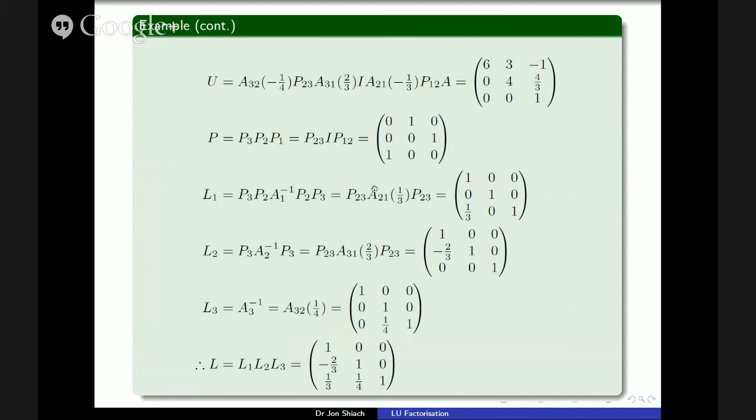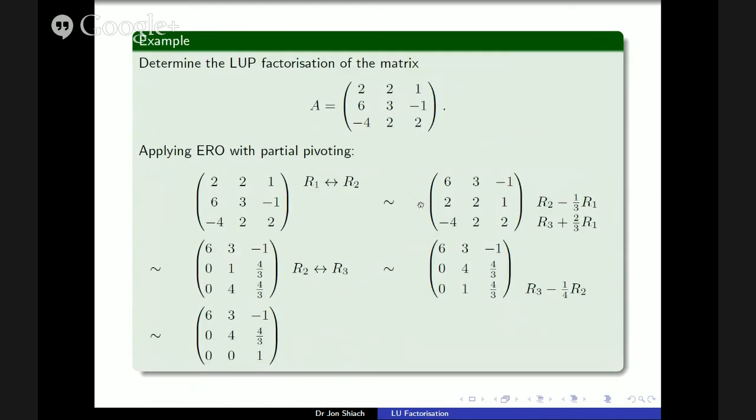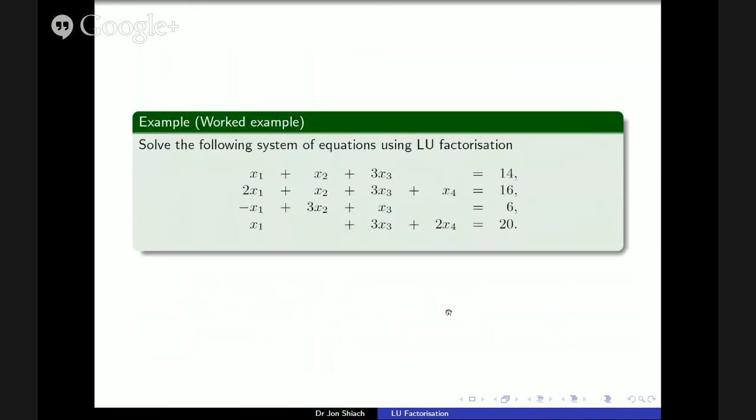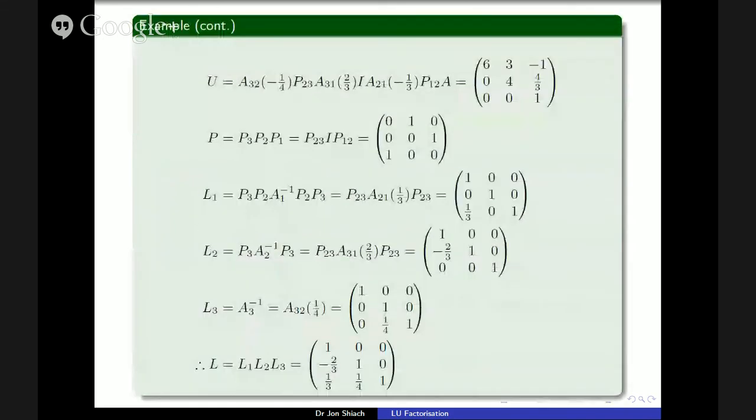So there should be an I there, multiplied by P23, and on the other side I have A21 of 1/3, I, then P23. Going back to this pattern: wherever i is, if i is 1, we go P2, P3, P4, etc. If i is 2, we go P3, P4, etc. So either side of your inverse A's, you have several P's.